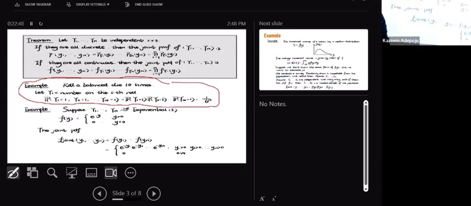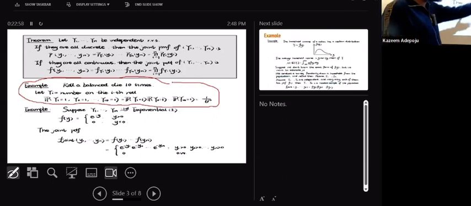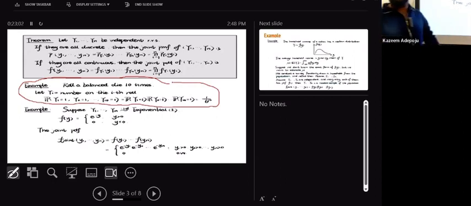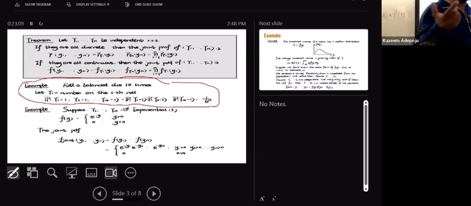So using the law of independence, it's going to be 1 over 6 times 1 over 6 times 1 over 6. And because we have the same probability, I can just do 1 over 6 raised to power n, where n is the number of times it is tossed. So tossing it 10 times is going to be 1 over 6 raised to power 10.